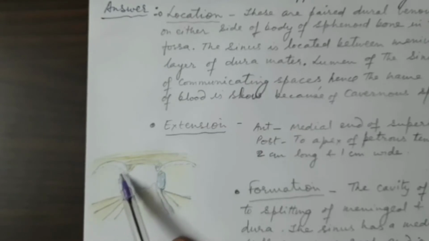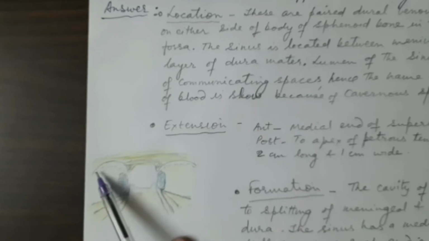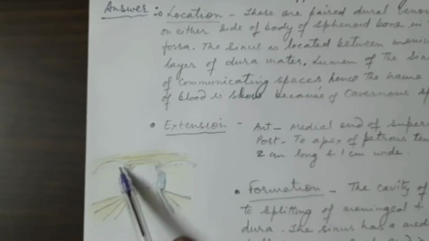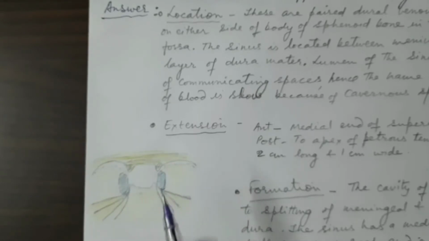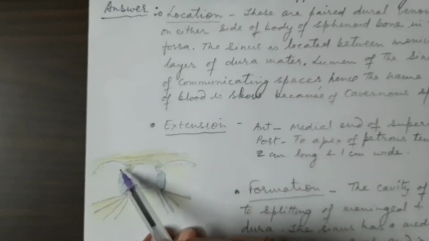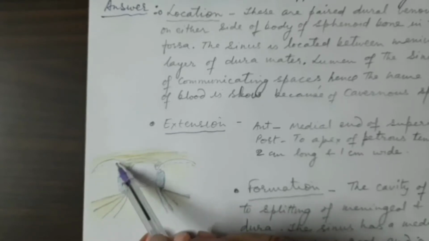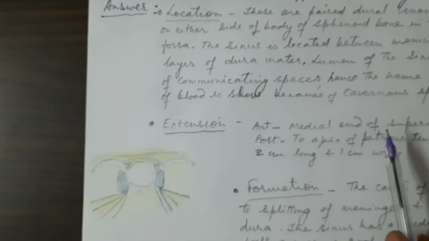And this is the margin of the greater wing of the sphenoid, which I have represented by the dotted line, because it lies deep to the lesser wing of the sphenoid. In between the greater and lesser wings of the sphenoid bone there is a space, known as the superior orbital fissure, because it communicates with the orbit, the cavity for the eyeball.